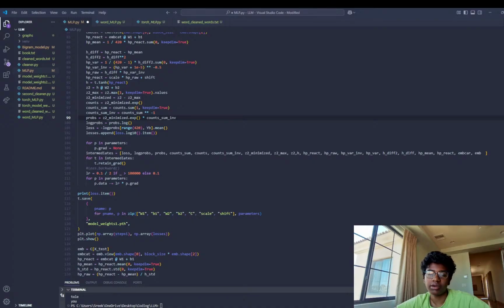Now we need to backpropagate through this, right?